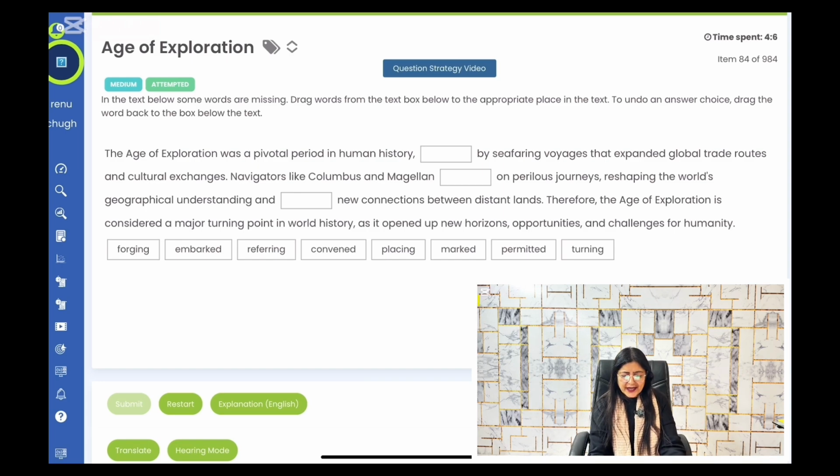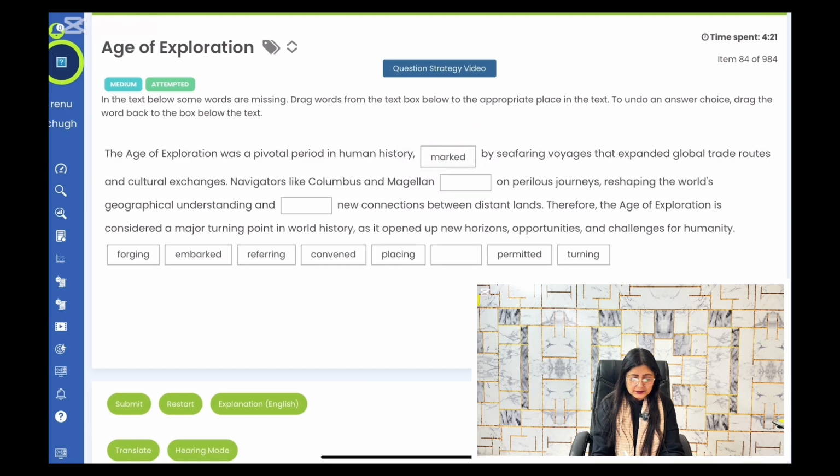So what could be there? Embarked by, conveyed by, marked by. The age was a period which was marked by. It seems more relevant than other options. So marked by seafaring voyages that expanded global trade routes and cultural exchanges.